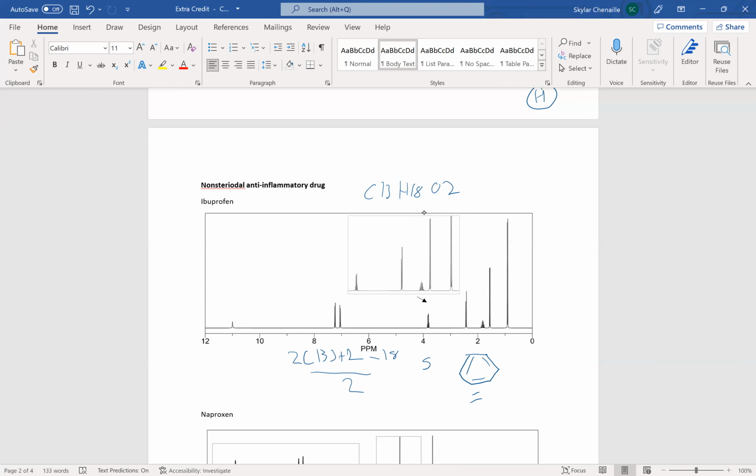Okay, so looking at this, we'll have 5 doublets. So we know we have 5 doublets. We'll have 1 multiplet, because that looks like a multiplet right there. 1 quartet here. And 1 little singlet over here.